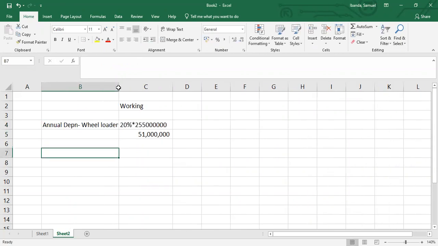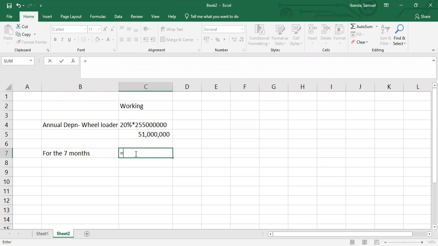Annual depreciation for the wheel loader. So if you're getting it for the 7 months, it will be 7 divided by 12 times the annual depreciation, which is 29,750.